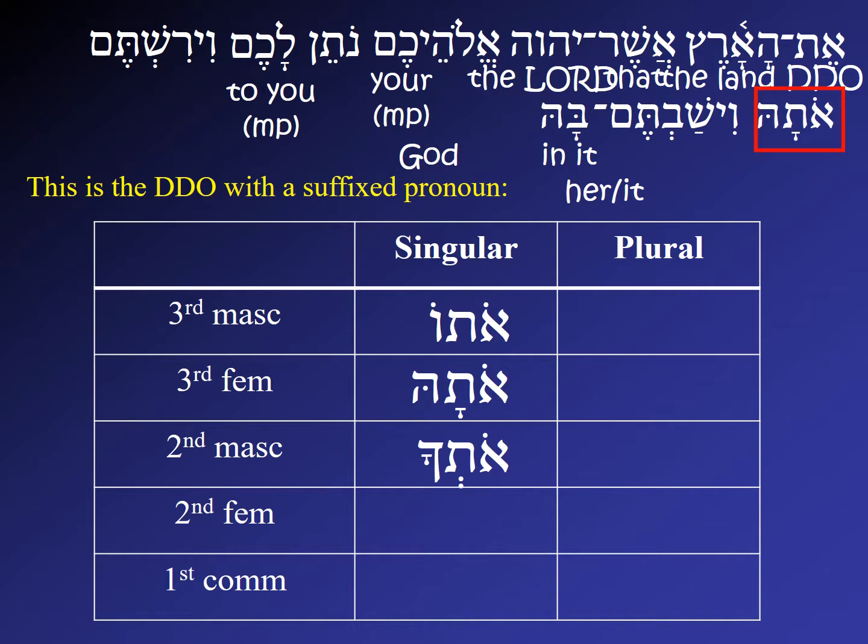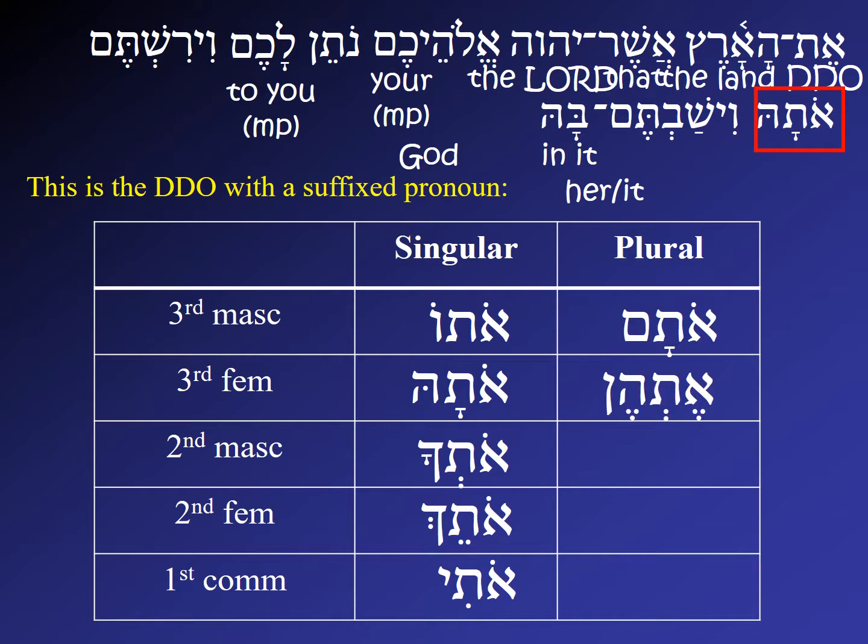Second masculine singular, otcha, otech, oti. In each of these cases, you have an O class vowel on the aleph and a spiranted tav. This is also the case with the third masculine plural, otam, but then we get differences here. Third feminine plural, et hen. Now, notice that this vowel is an E class vowel. It's a segol.